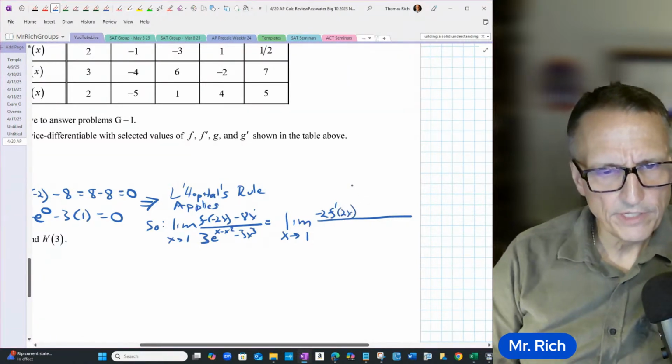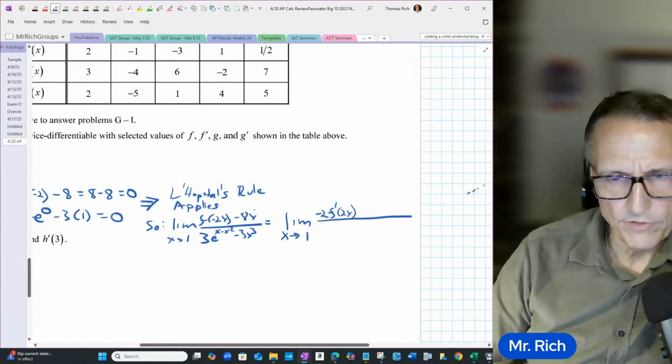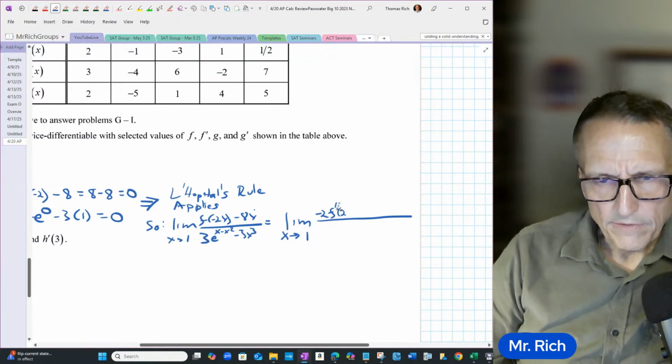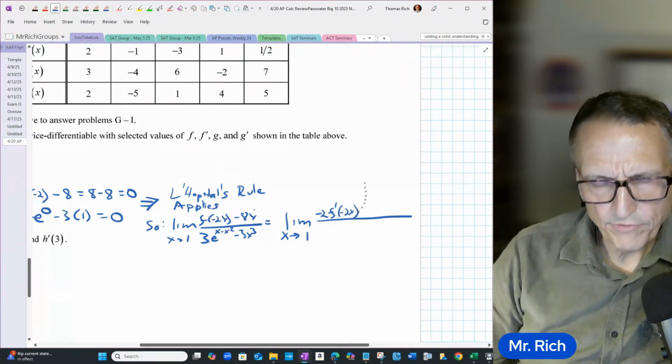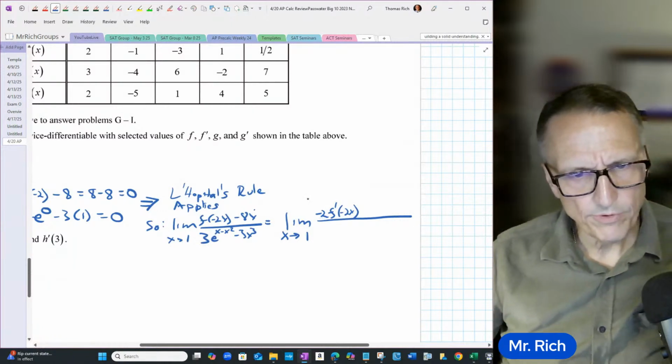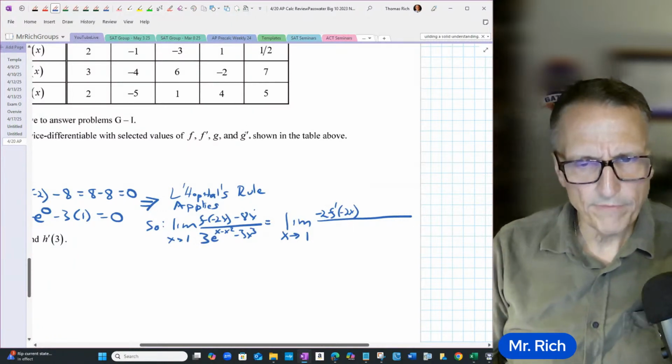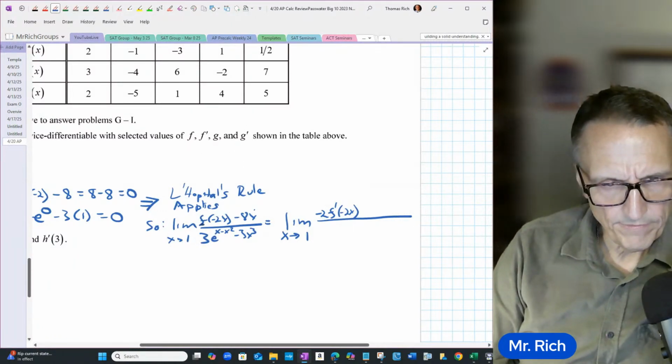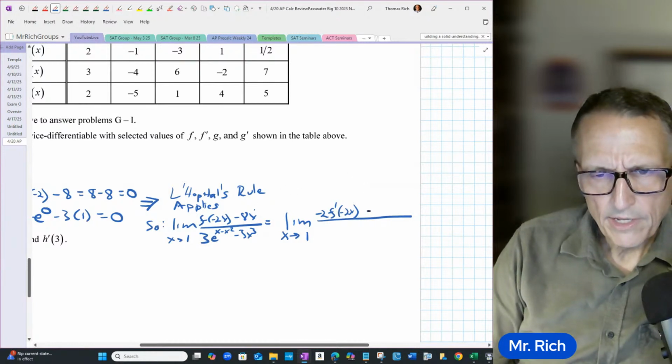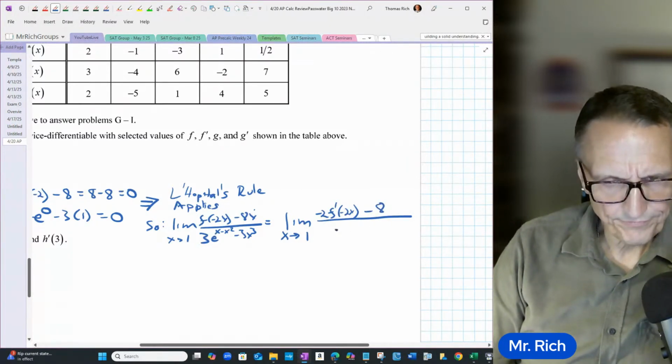I had to use the chain rule there. That is a negative 2x on the inside. So the derivative of negative 2x is negative 2. So by the chain rule, there is a negative 2 in the front. You don't want to forget that when you take the derivative of f of negative 2x. Then there's a minus 8.